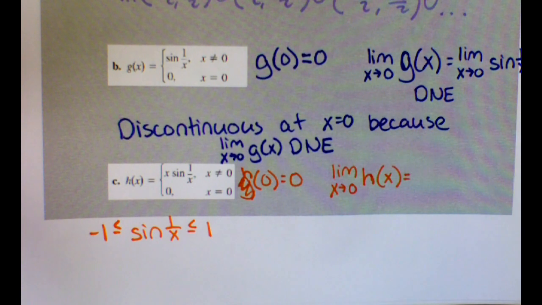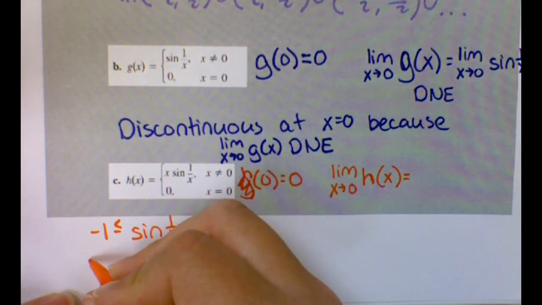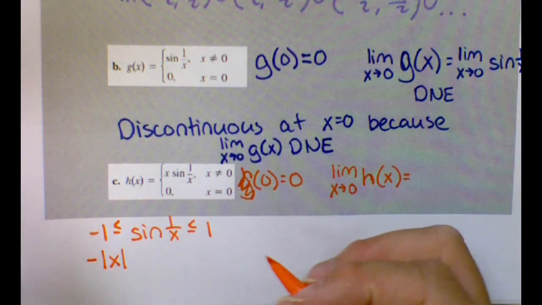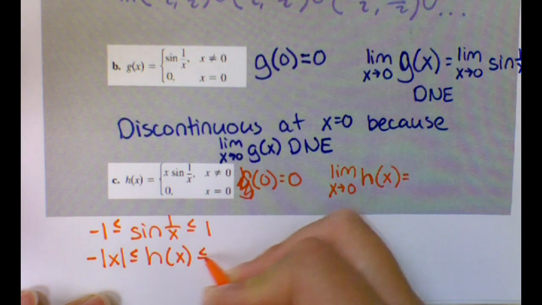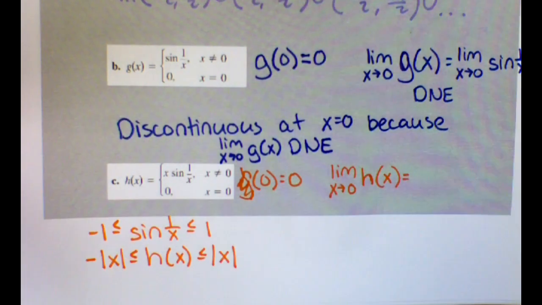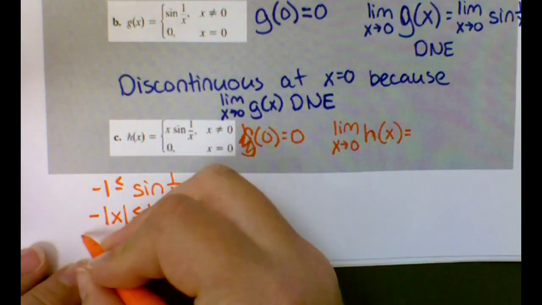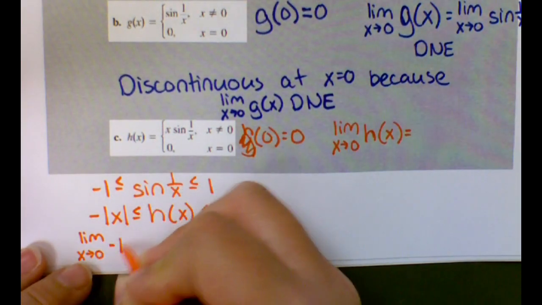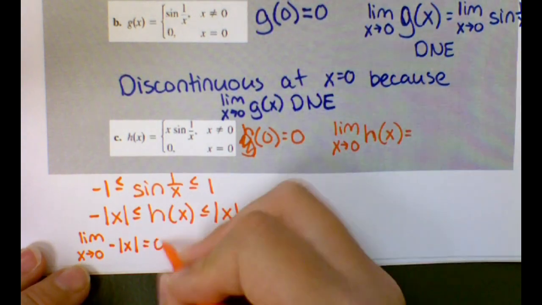So that means my function just has an x multiplied in there. So my function is between negative absolute value of x and positive absolute value of x. Well, I can take a limit then. The limit as x approaches 0 of negative absolute value of x is 0.